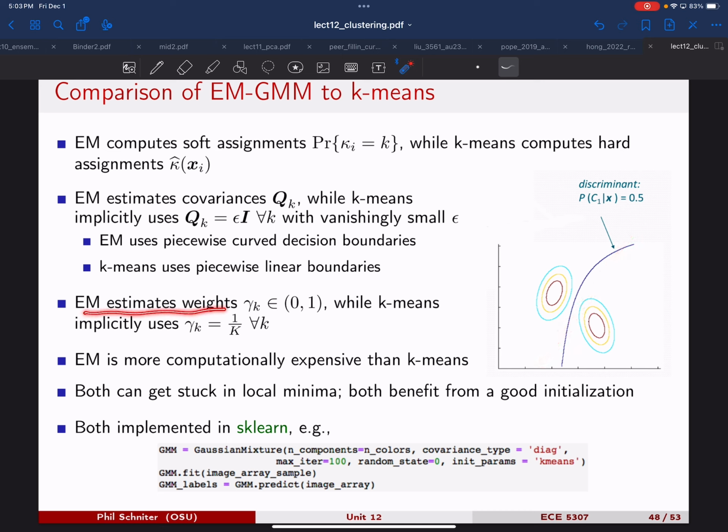EM essentially tries to estimate these probability weights, where k-means sort of implicitly assumes that they're all equal. EM is more computationally expensive than k-means. Both can get stuck in local minima, both benefit from a good initialization, and both are implemented in sklearn.